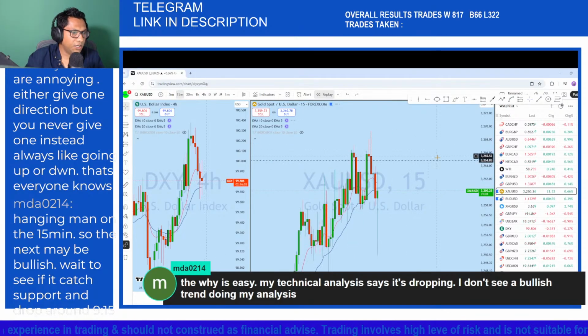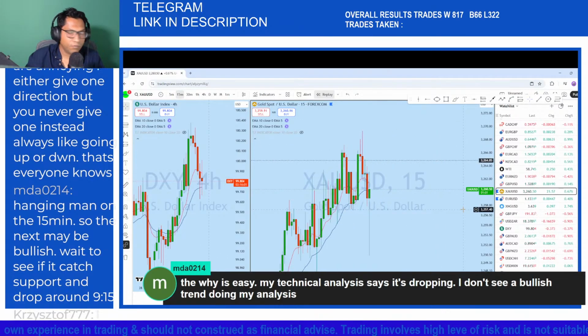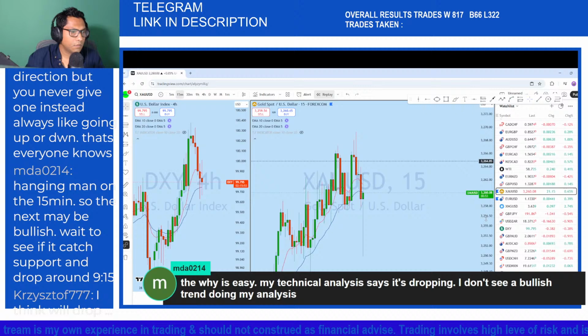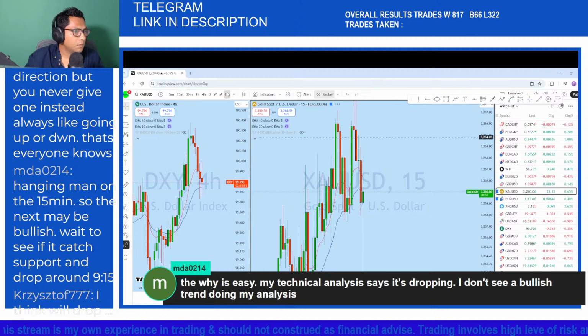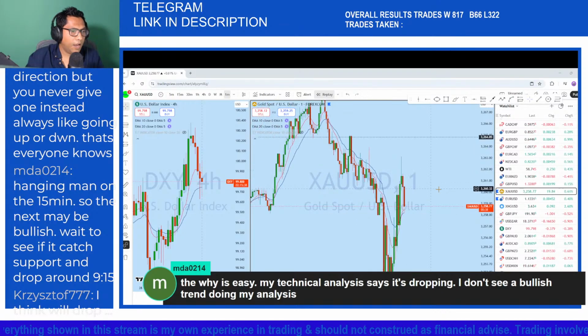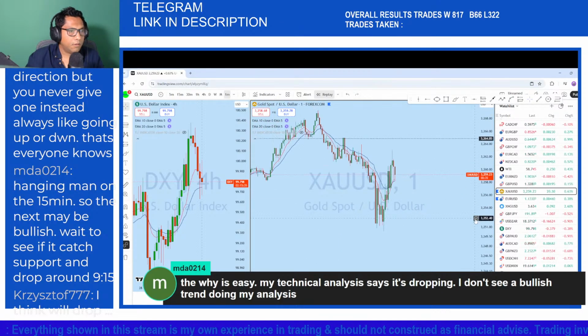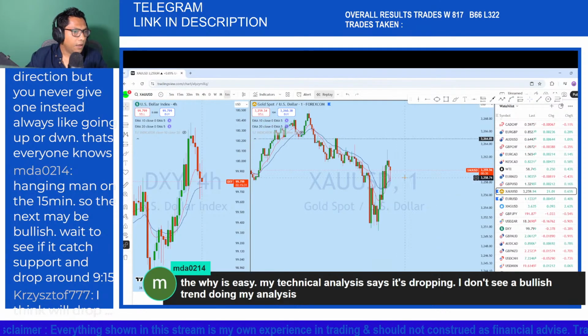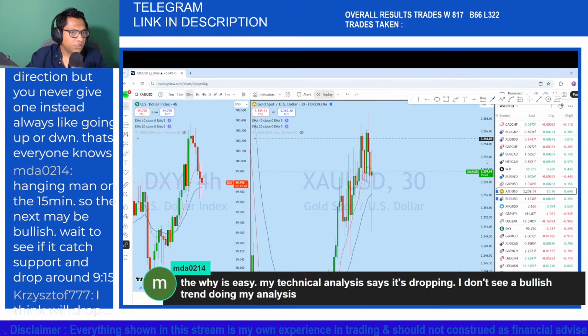So if you look at the 15 minutes, there is a long wick doji, until we see that candle close.